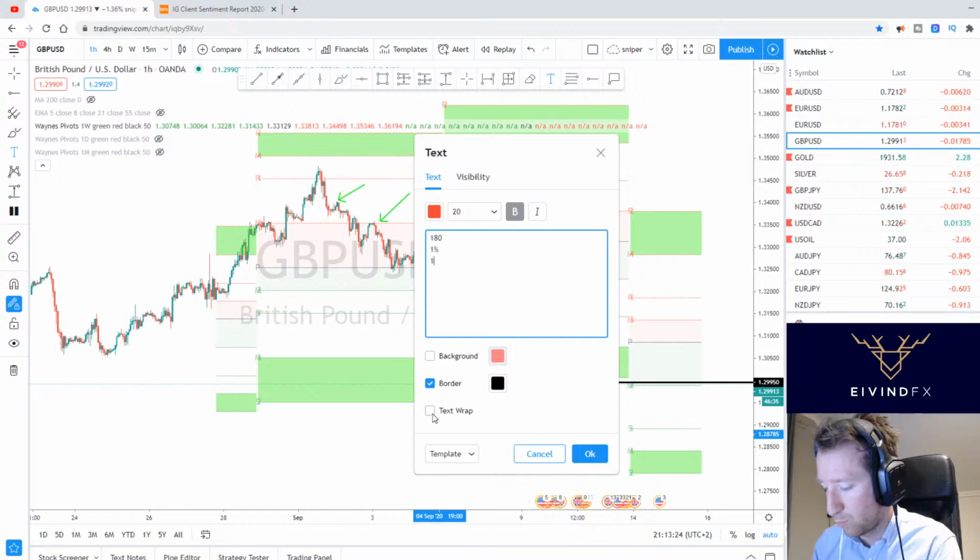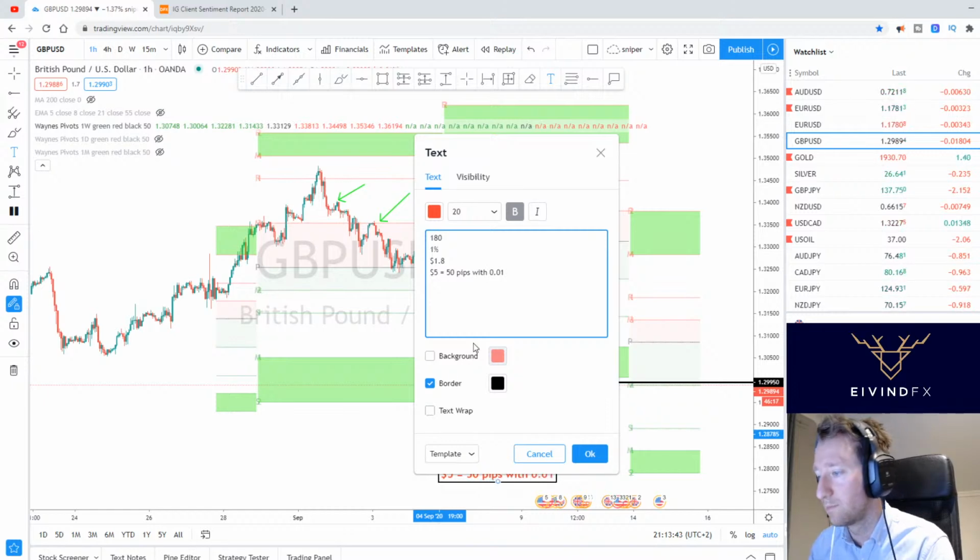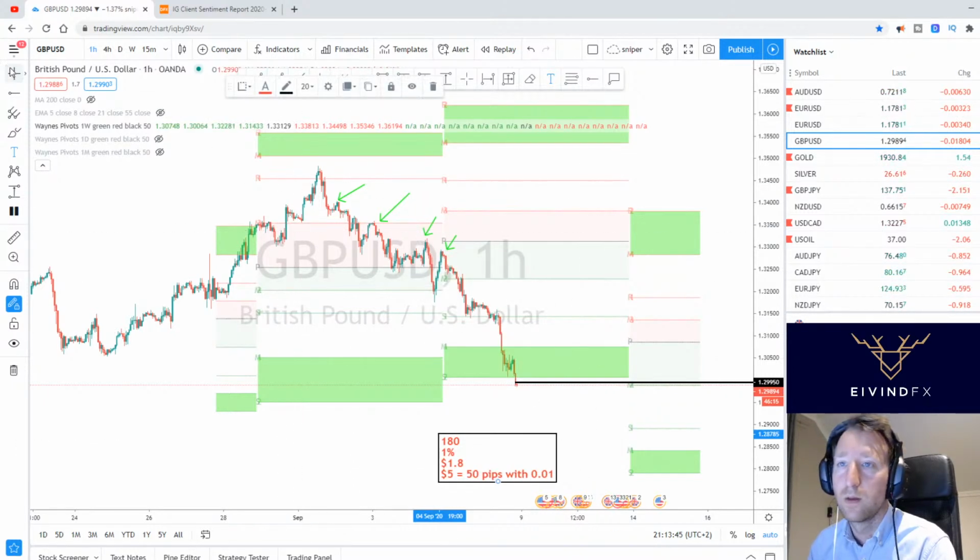That becomes 1.8 US$ per trade in stop loss. That's not possible. So you then have to risk maximally $5, which is 50 pips with 0.01 lot size. Okay, you all got that.